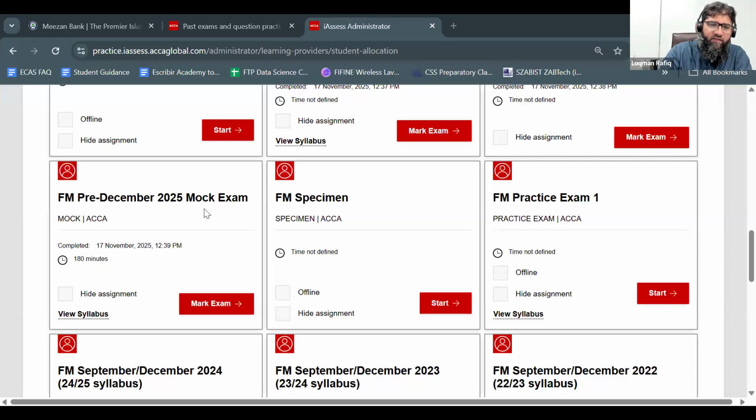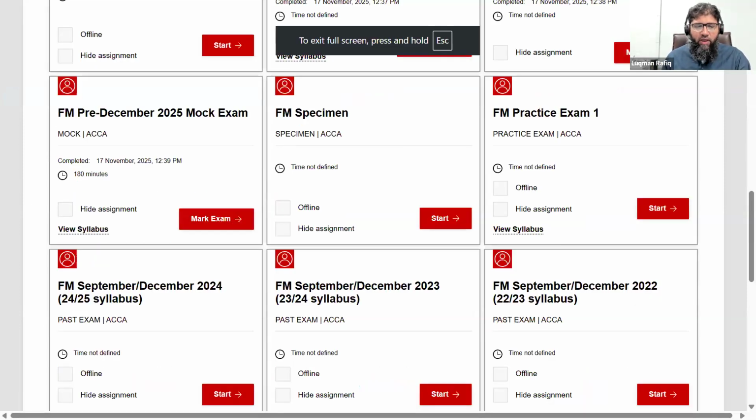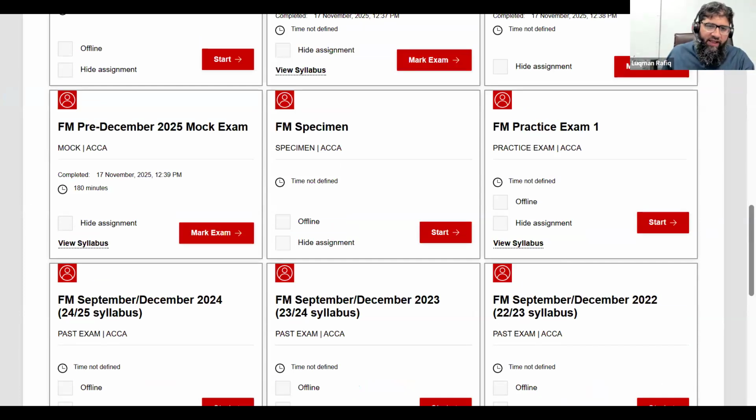Let's just start off. What I'm going to do is start sharing my screen. What I'm going to share is the ACCA CBE practice platform, which I've just logged in to. In addition to the ACCA CBE practice platform, I will also be opening up the spreadsheet, the Excel.